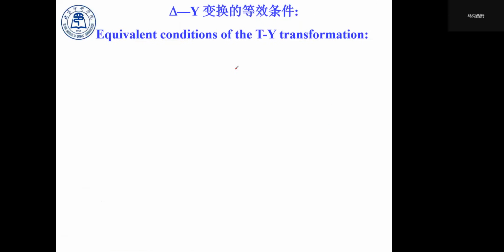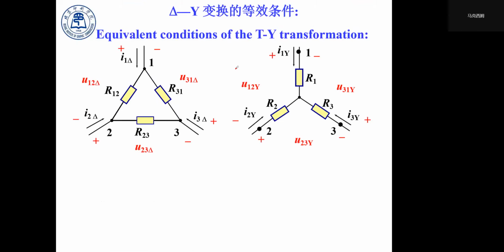So we talk about the equivalent conditions of the delta-Y transformation. We have a delta-shaped three-terminal network, which has three terminals, point 1, 2, 3, each with a current I1 delta, I2 delta, I3 delta.